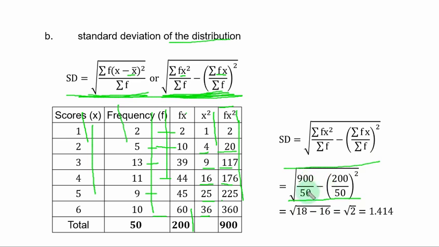Divide 900 by 50, you have 18. Divide 200 by 50, you have 4. 4 squared is 16. If you subtract, you have the root of 2, and that is 1.414 as the standard deviation of the distribution.